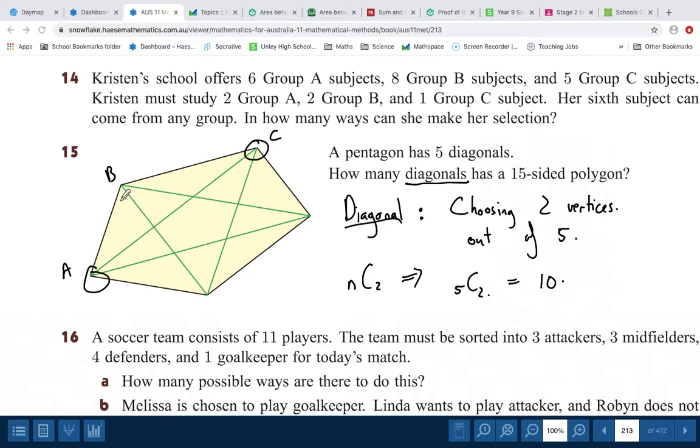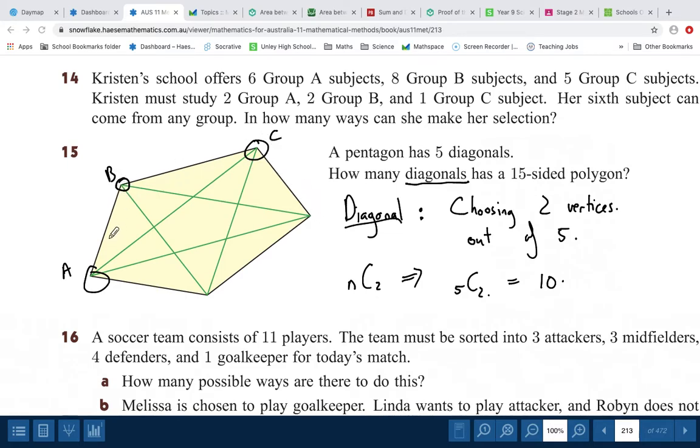And the problem is, if you choose that side, that side, that side, that side, they're not going to make diagonals, are they? So if I was to choose the AB combination, which also includes the BA, it's not a diagonal, right? Or if I chose the BC, it's not a diagonal, it's an outer line, or the CD.